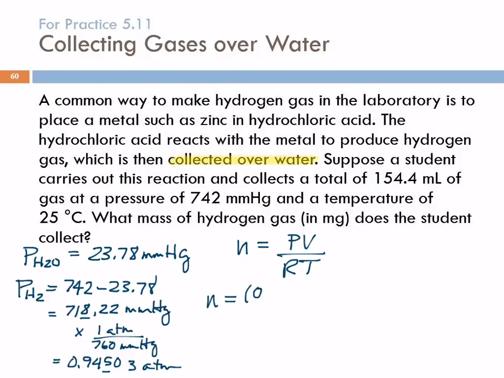So I've got the pressure there. What's the volume in liters? 0.1544 liters. I'm fine with you doing that in your head, but I would like you to write it down here. I want to see the equation with the numbers plugged in.